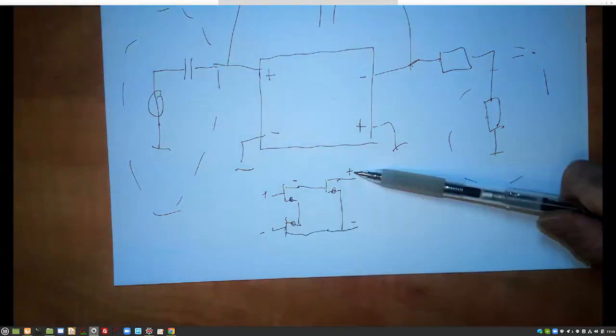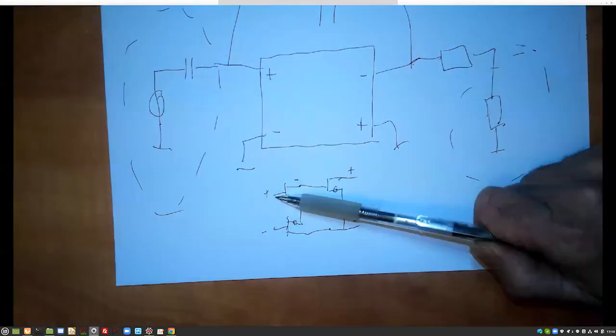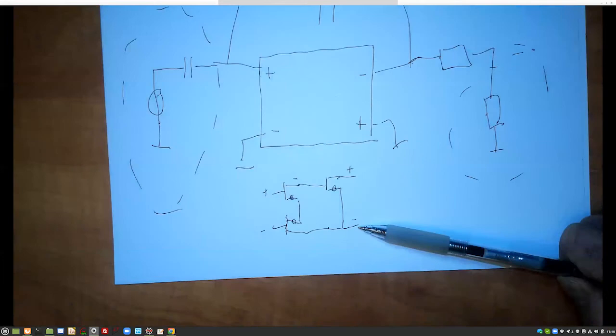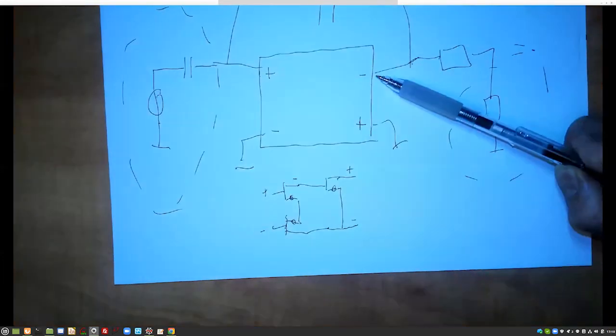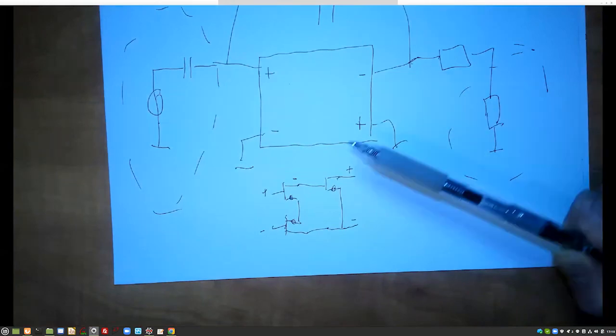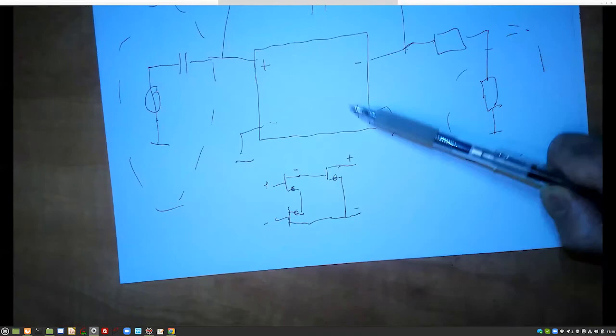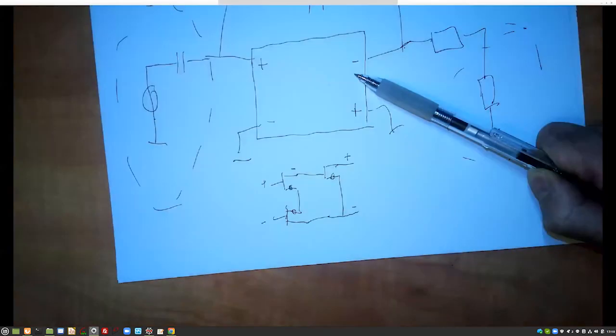So plus minus means I can put this one here, but then the source must be put there. Another option is I can put this minus one here, then it will be minus plus minus, and then the drain will be there.